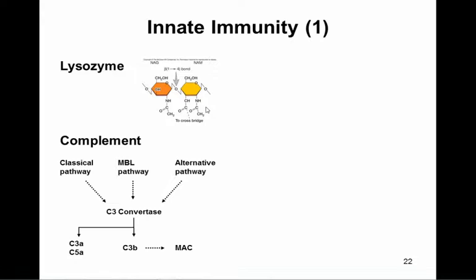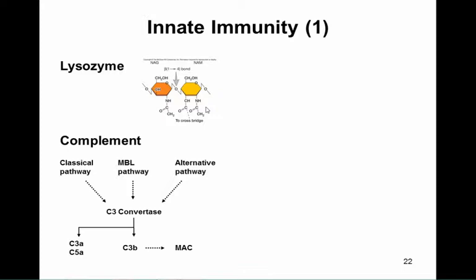What I want you to know about this, at least anyway, is that the different pathways for activating complement will all converge on the C3 convertase enzyme. C, okay, it's complement. You've got a whole cascade of proteins, C1, C3, C5. It's like the blood clotting cascade, a little bit, okay? So it's a proteolytic cleavage, and then you have another enzyme activating the next one, this kind of thing. So they converge on the C3 convertase.